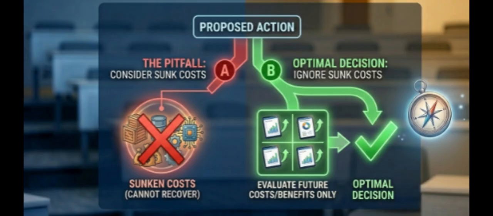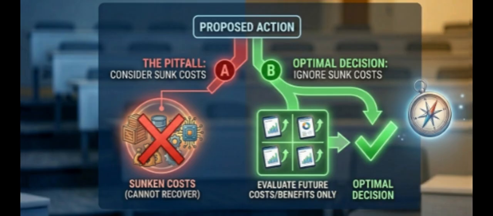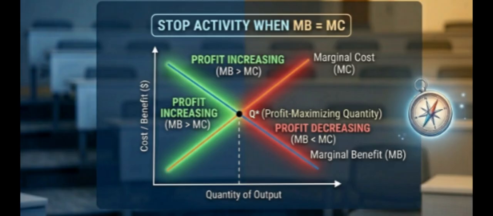The optimal decision is to ignore sunk costs. The green path leads to a green glowing go/no-go matrix labeled evaluate future cost benefits only.